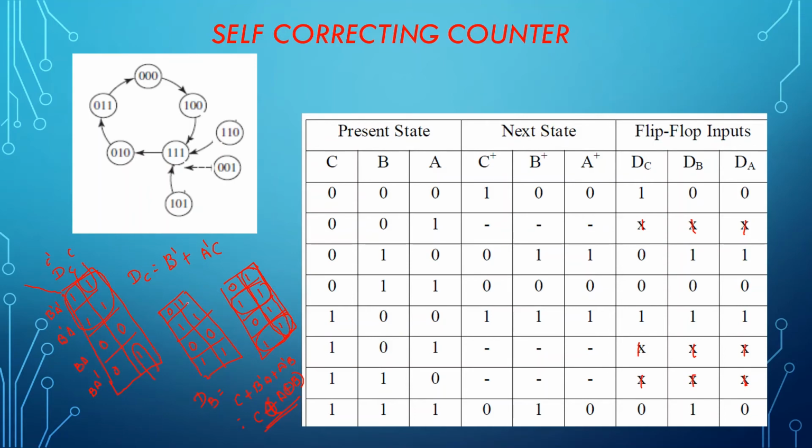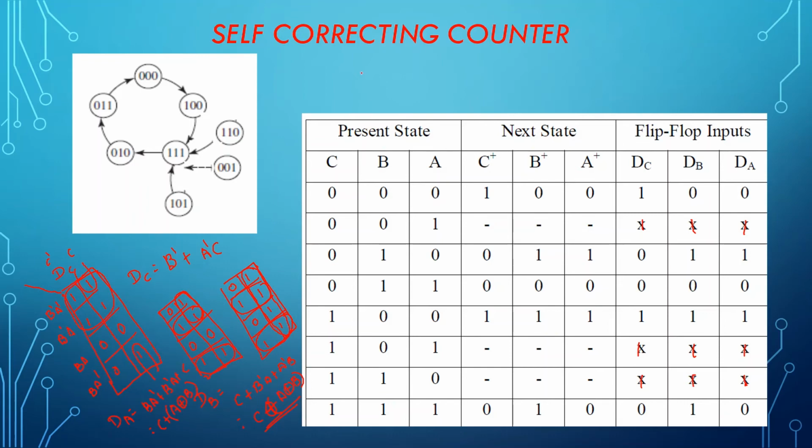So you get one pair here, you get one more pair here, and you can go with one more pair here. So what will be DA? This will be BA dash plus B dash A plus, what is this term? It is C. So that will be C plus A XORed with B.